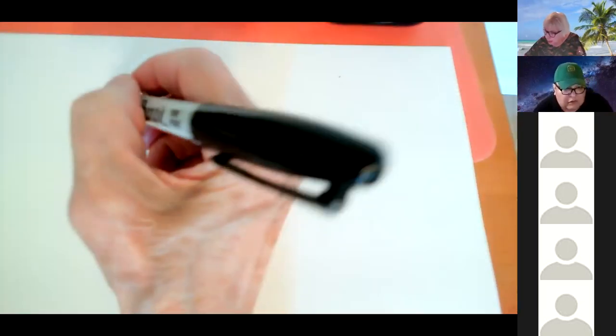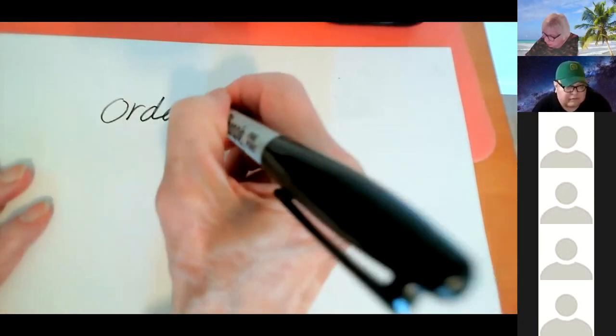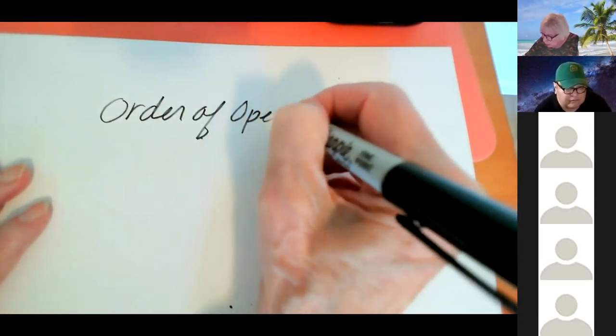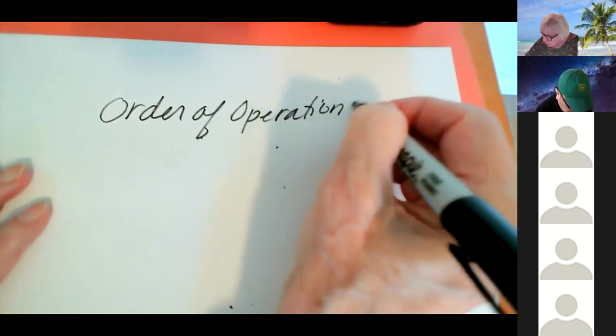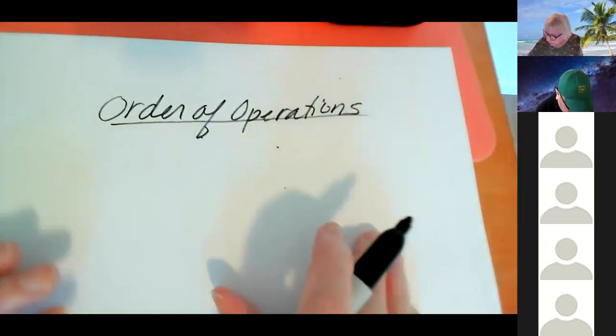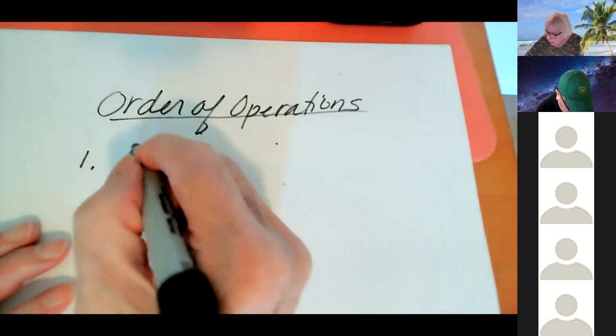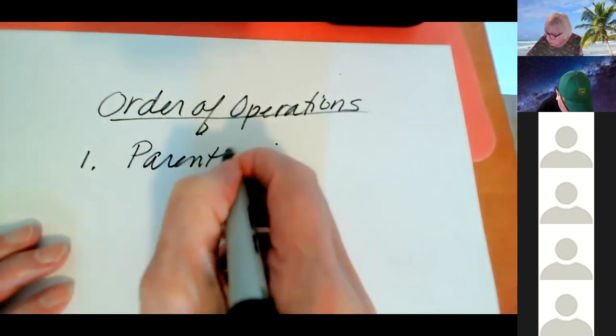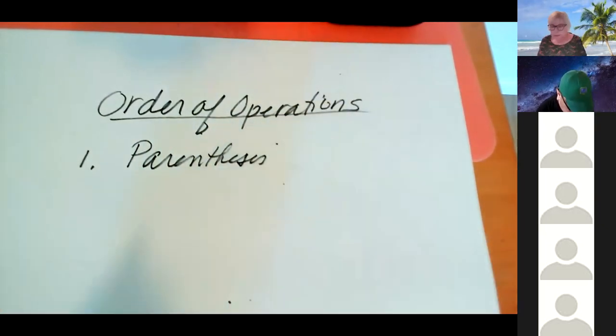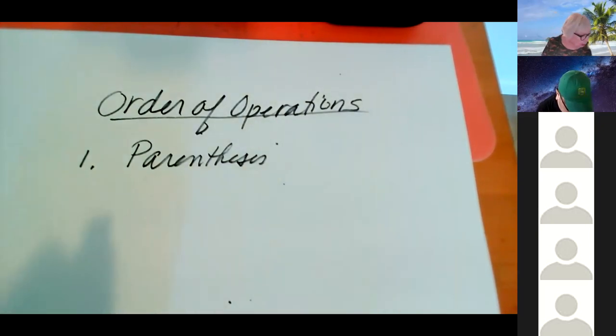Now I'm going to make you a list. And so this is order of operations. Number 1, parentheses. Now I'm going to look at their list because I always do mine a little differently.